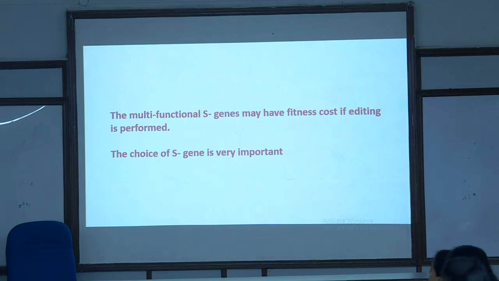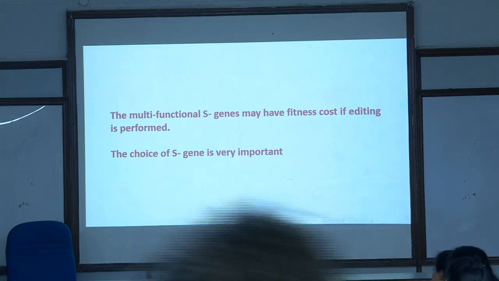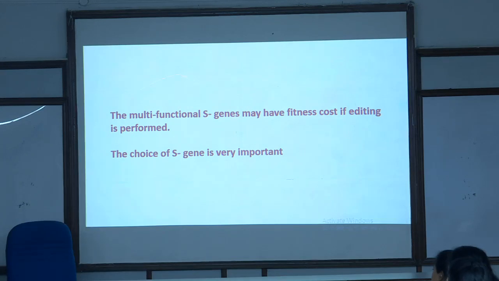If you're lucky, yes, your agronomic traits are really good. And in addition to the edited line, that is the most desired one. You try to edit for pathogen resistance. Okay, pathogen resistance is done. But in the process, if the plant is not growing, then it is of no use, right? So one of the most important highlights of genome editing, in particular with the help of S genes, is the fitness cost. Let us not forget, there may be multifunctional S genes.